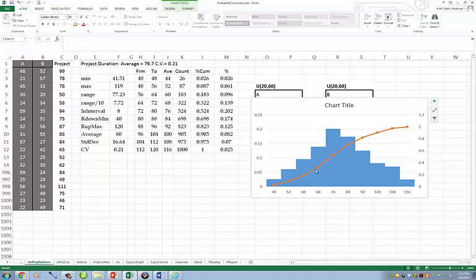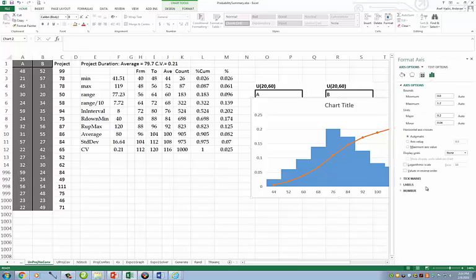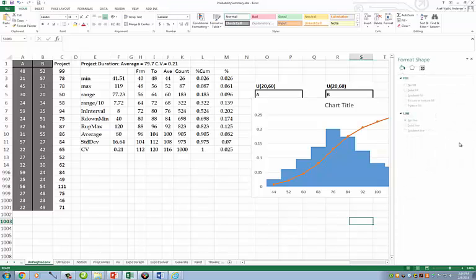Now the left hand side is used for the histogram, the right hand side vertical axis is used for the cumulative graph. I can also go here, format axis, and because I know that frequency does not go more than 100%, I will change that limit.